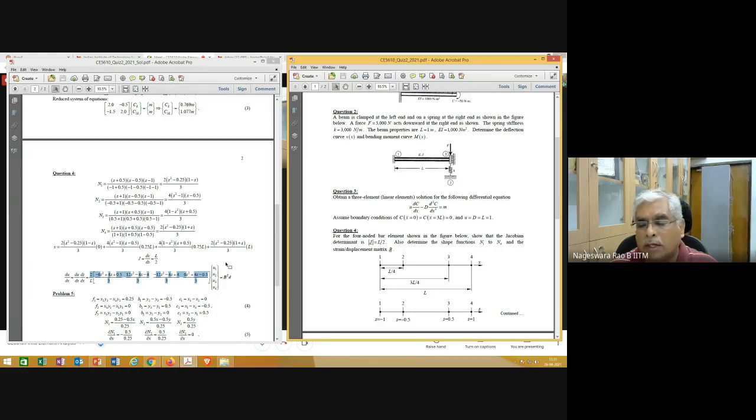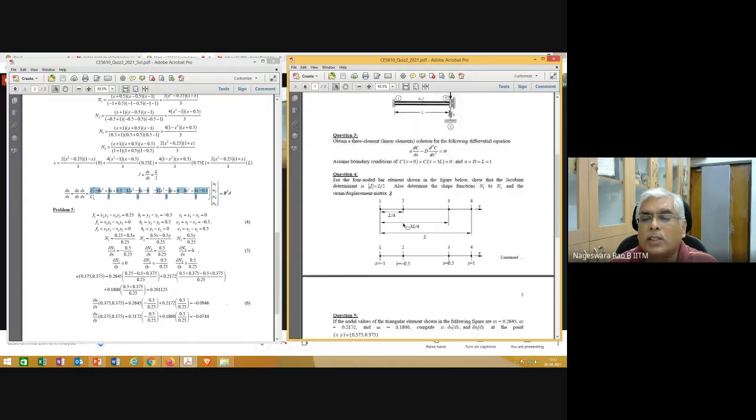For the one-dimensional case, most of the time it is limited to the 3-node element. For research purposes, or once you understand the concept, you can easily derive the shape functions for any higher order element. That is the idea of testing this question 4.